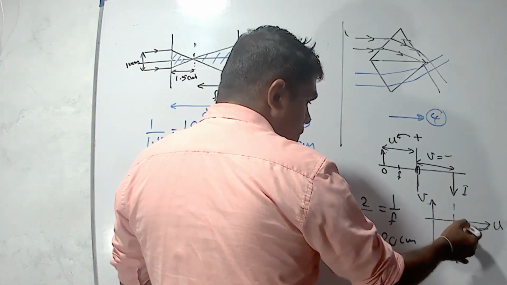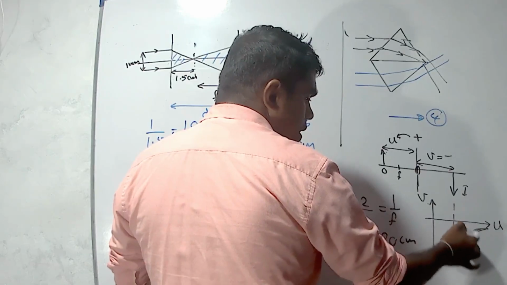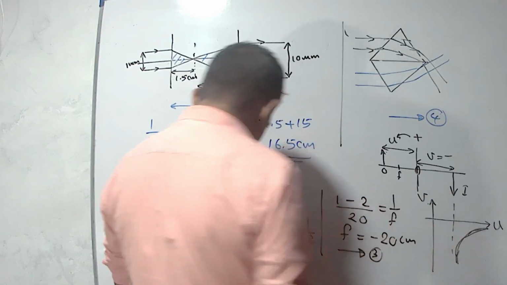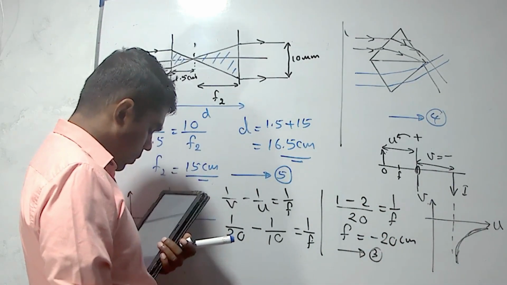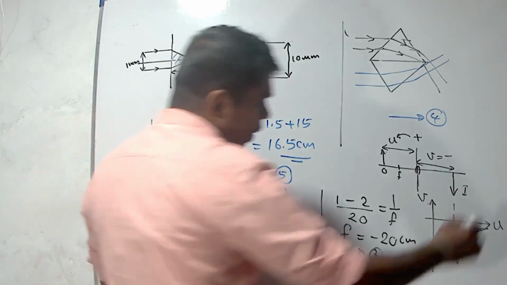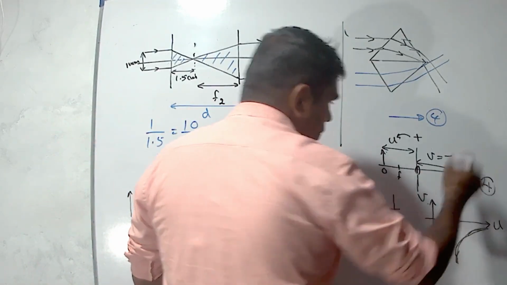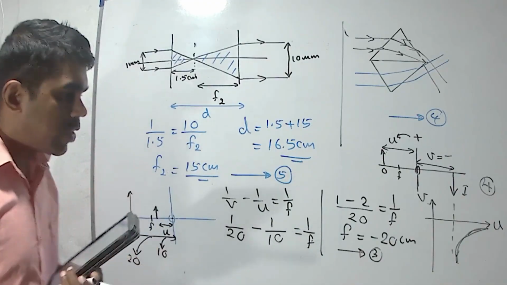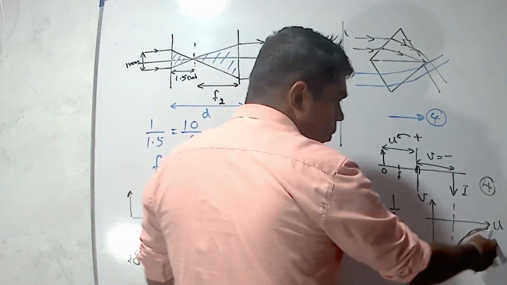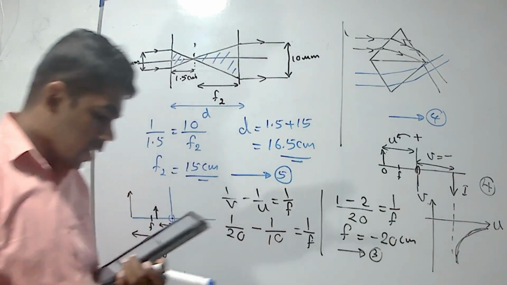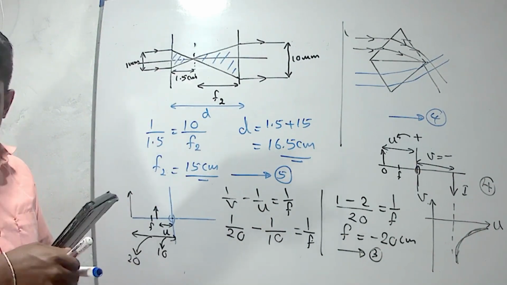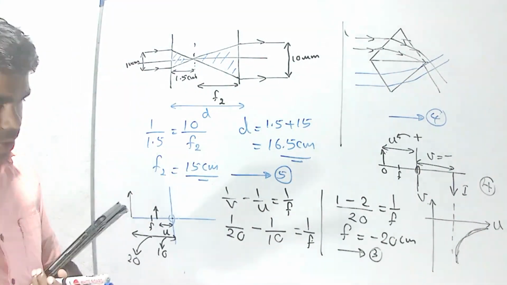There is no image in this part. Therefore, we can obtain the fourth one as the correct answer. This one is the VU curve, but they have given the straight line joining corresponding images.